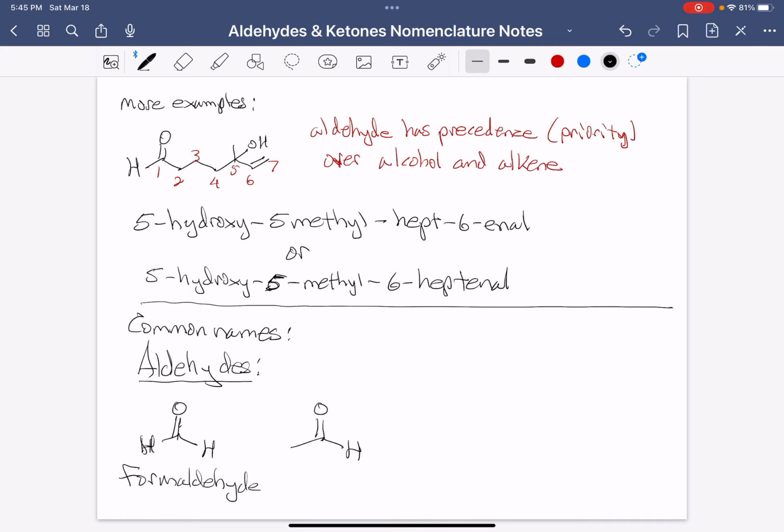And then the 2-carbon aldehyde, ethanal, is also called acetaldehyde. I know, if you say it quickly, it sounds like you're saying acid aldehyde. No, it's acetaldehyde. And then another one that's worth knowing is benzaldehyde.